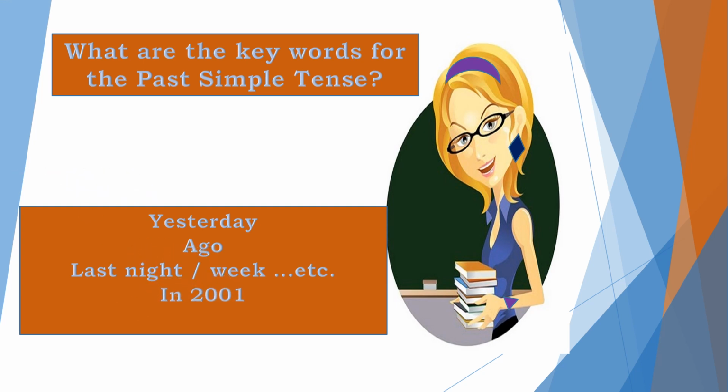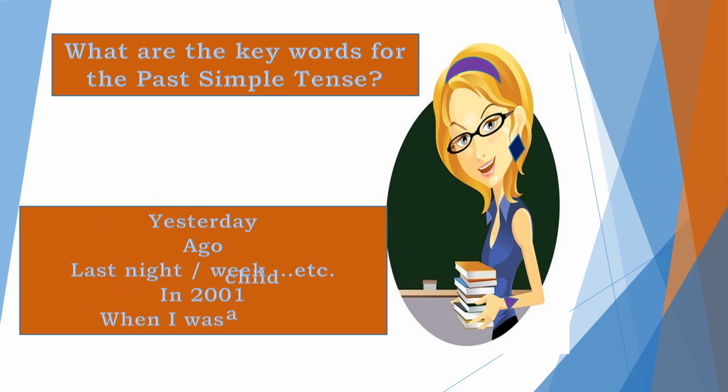Also, when we mention a year or a specific time in the past that is already gone or finished, we also use the past simple tense. For example, here you have in 2001, last February, in 2011, whatever you like, as long as the time is gone, completely gone in the past.